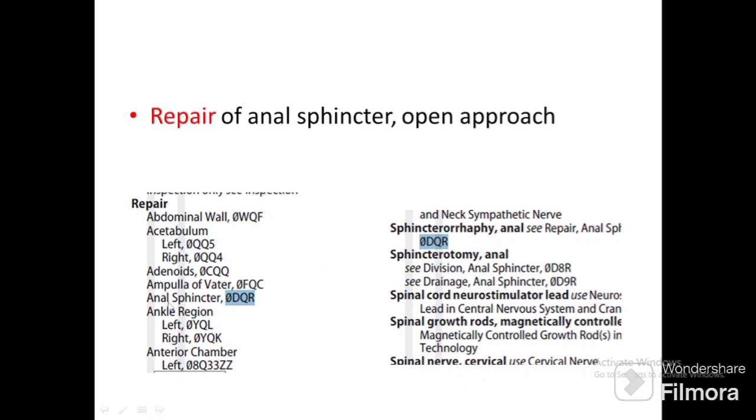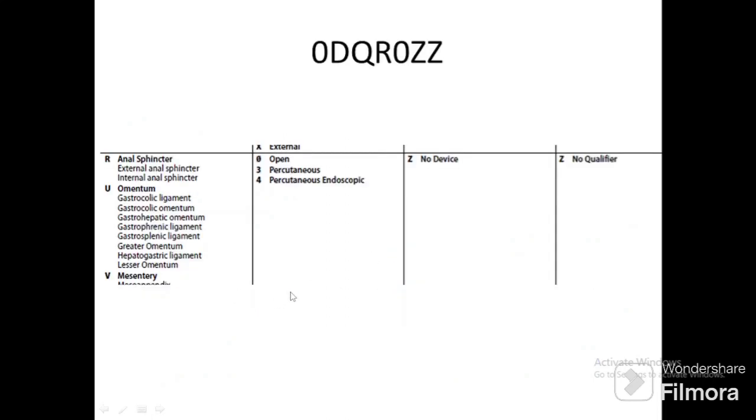Or you can always go through the easy way, repair anal sphincter. So in either way we get the same table, 0DQ, anal sphincter. So the 0DQ table, anal sphincter, open approach, no device, no qualifier.